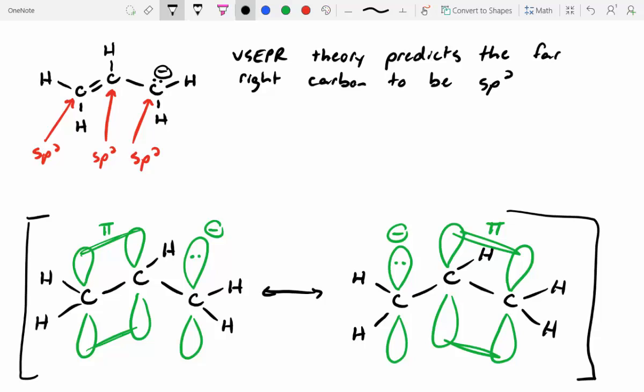So VSEPR theory predicts that far right carbon to be sp3, but it is actually sp2, so that the negative charge can delocalize.